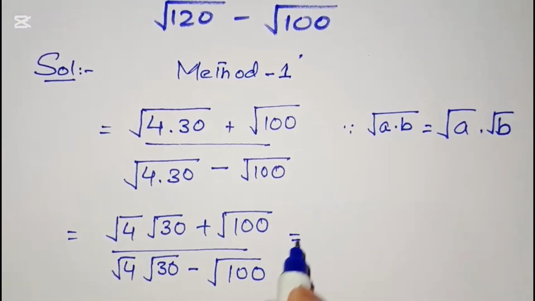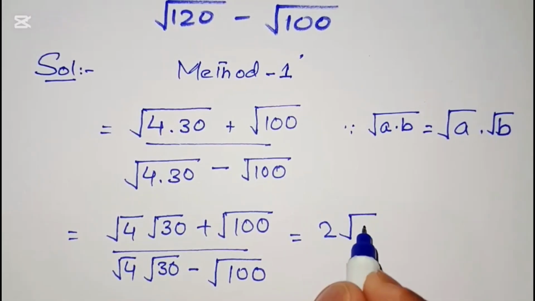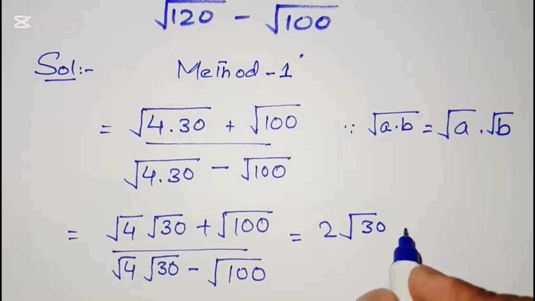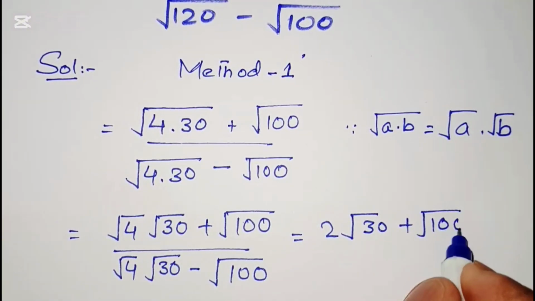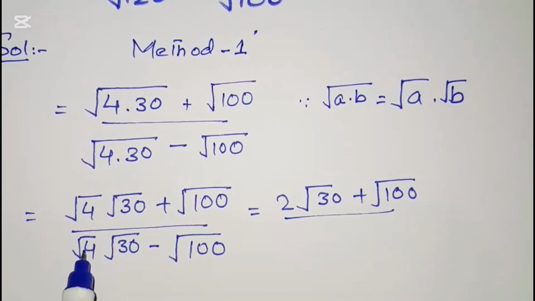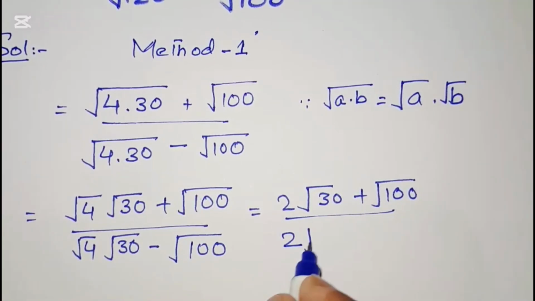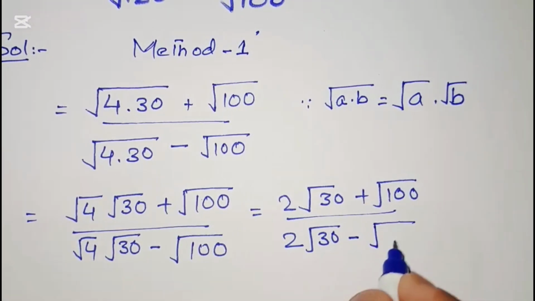As we know, square root of 4 is 2, so this is 2 times square root of 30 plus square root of 100, all over 2 square root of 30 minus square root of 100.